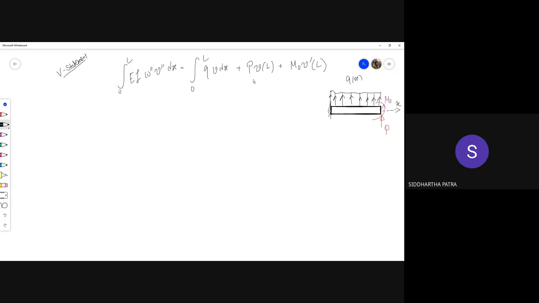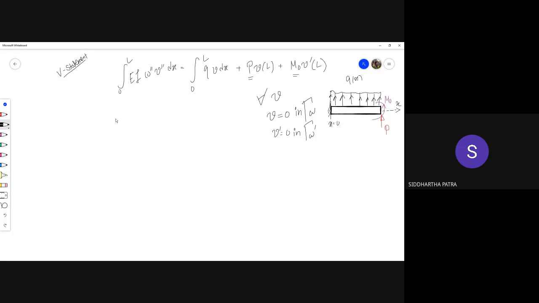Okay, it comes with the essential boundary conditions and the natural boundary conditions. These two are the natural boundary conditions, and this is true for all v. When v is 0 in gamma w and v prime equals 0 in gamma w prime, both of which exist at x equals 0.